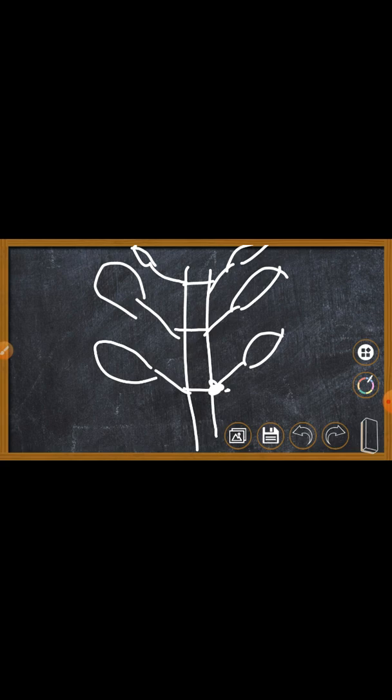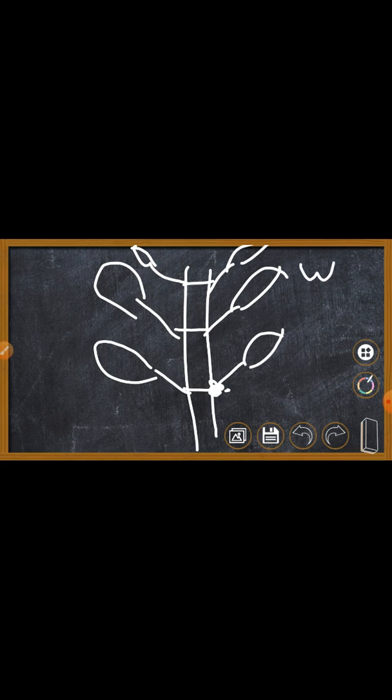Right now in the diagram you are seeing only one leaf at one node. This is what we call opposite arrangement. Now I am going to show you whorled arrangement.